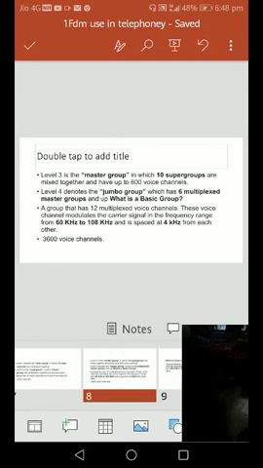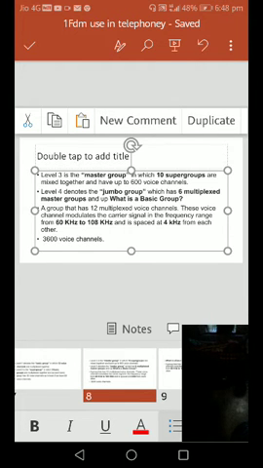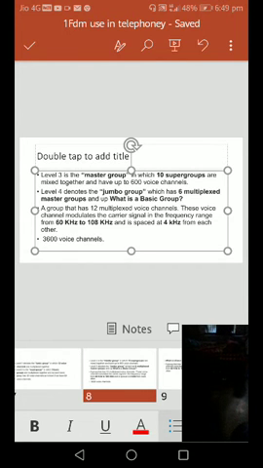Next slide, we go to level 3. Level 3 is the master group, in which 10 super groups are mixed together and have up to 600 voice channels. Voice channels increase as the multiplexing increases, and bandwidth also increases.